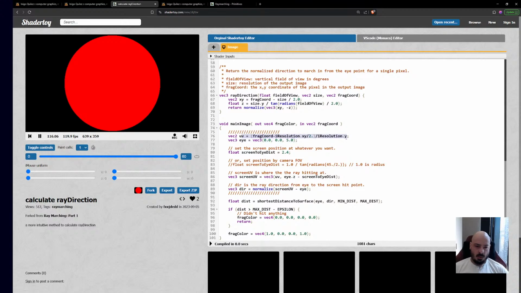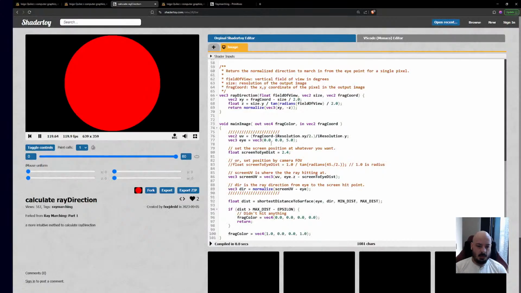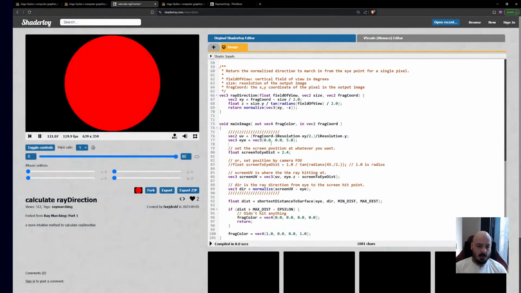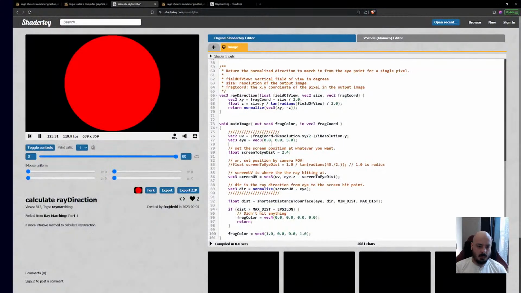So is it our UVs minus 0.5 times XY? Is that going to give us the same result? Screen UV is where the ray is hitting at. Let me look at the one I was looking at.